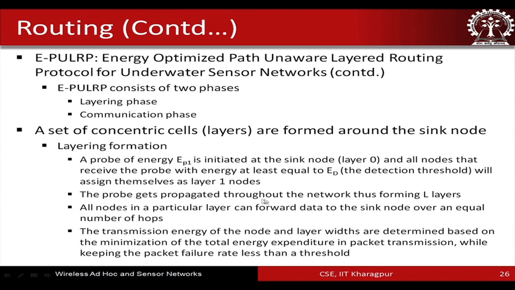The probe gets propagated throughout the network, thus forming L layers. All nodes in a particular layer can forward the data to the sink node over an equal number of hops, and the transmission energy of the node and the layer widths are determined based on the minimization of the total energy expenditure in packet transmission, while keeping the packet failure rate less than a particular threshold.